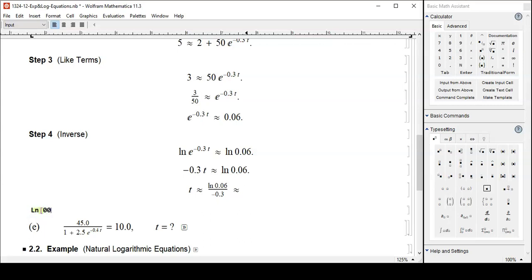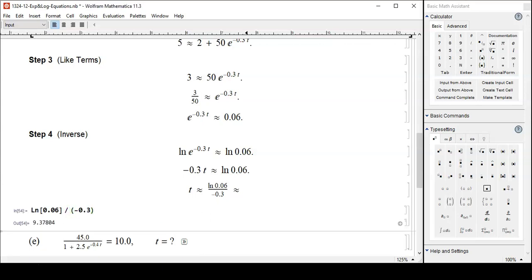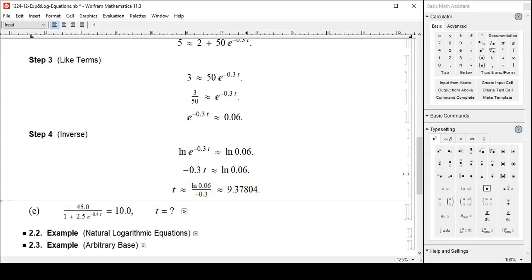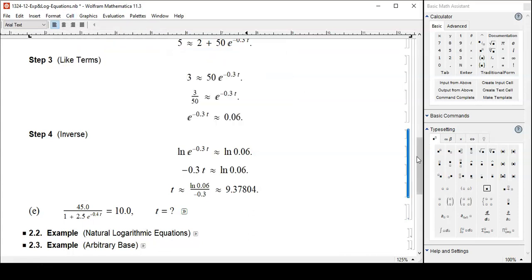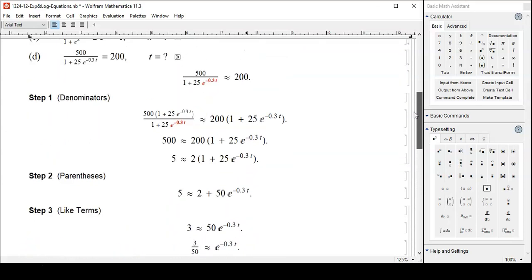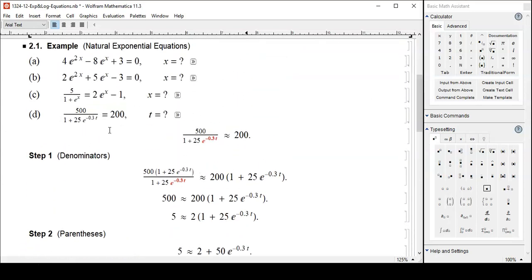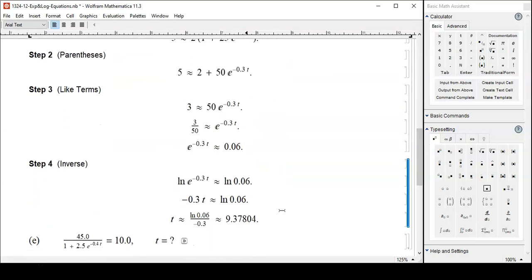About 9.37, so about 9.4. For example, if this modeling had been, say, introducing some herd of deer into an island, and then how long will it take for this deer population to reach 200, for example? According to this modeling, about 9.4 years, or something like that.